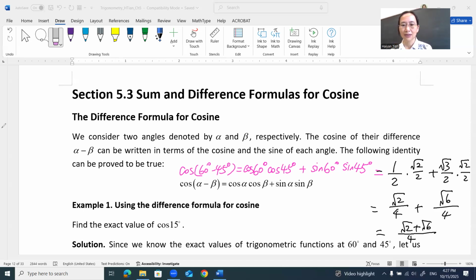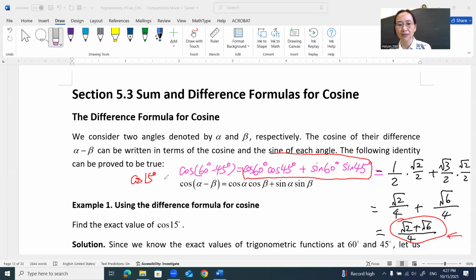That's the answer. After we use the cosine and sine values of 60 and 45, we get the exact value of cosine 15 degrees.